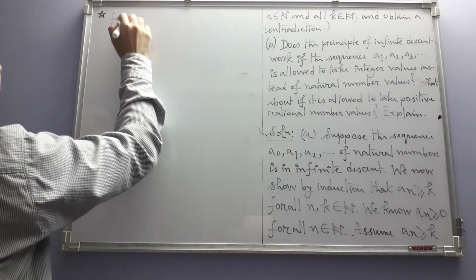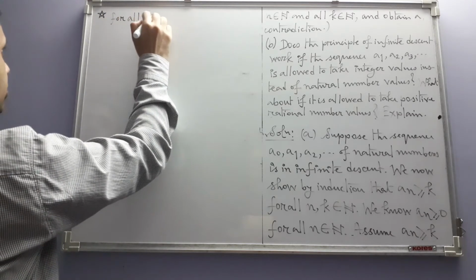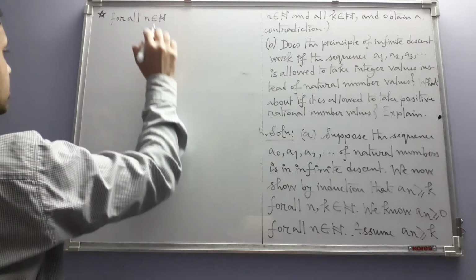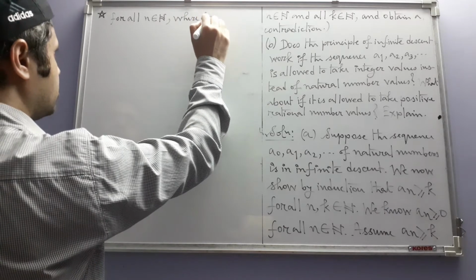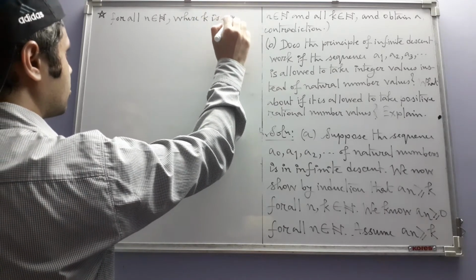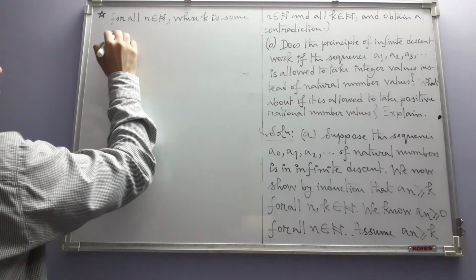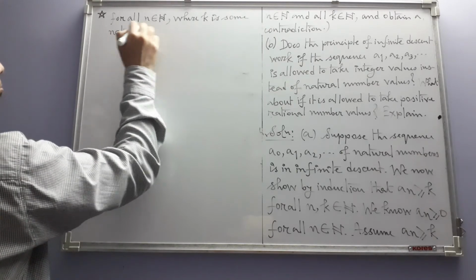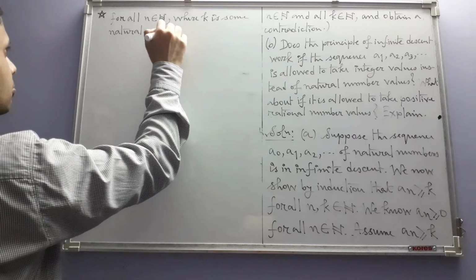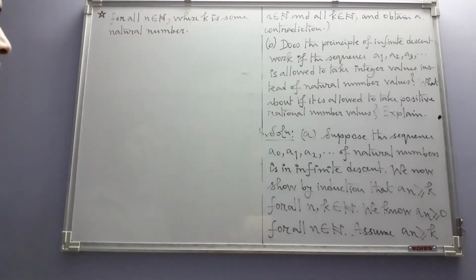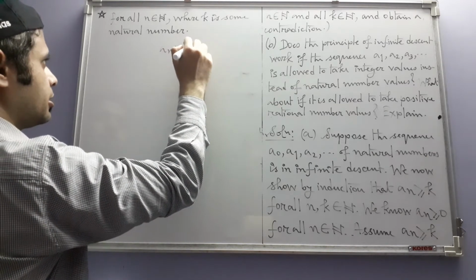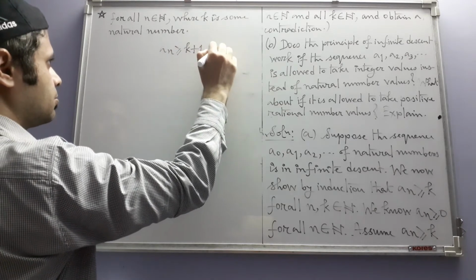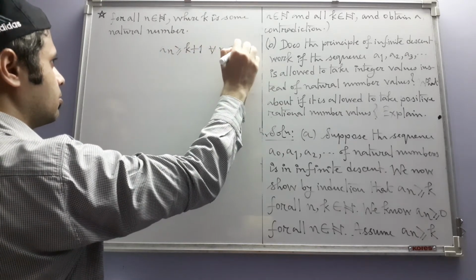for all n belonging to the system of natural numbers, where k is some natural number. Now our aim is to show that a_n is also greater than or equal to k plus 1 for all n.